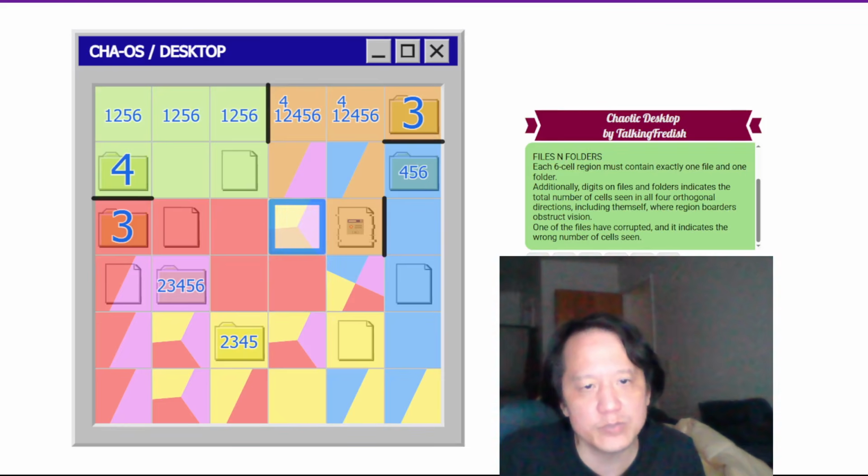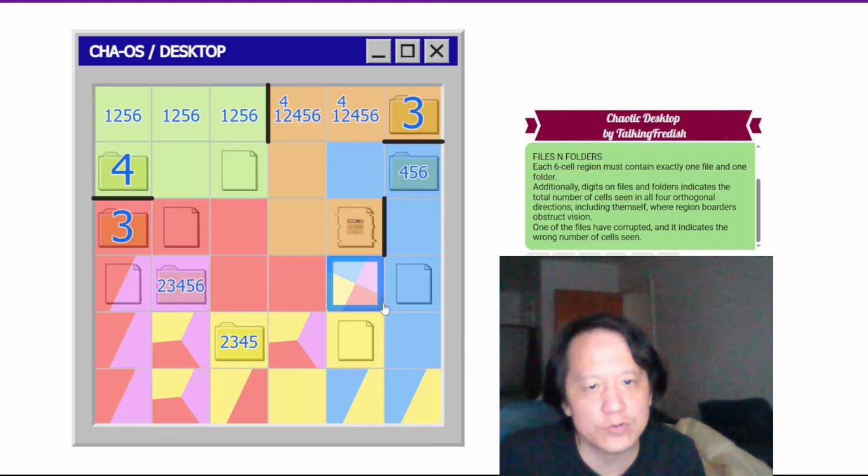This can't be yellow or pink. So we'd have to have orange here. This can't be pink, it's orange, orange. No orange there, it's blue. This can't be blue. So it'd have to be... It can't be pink. So this has to be pink here.